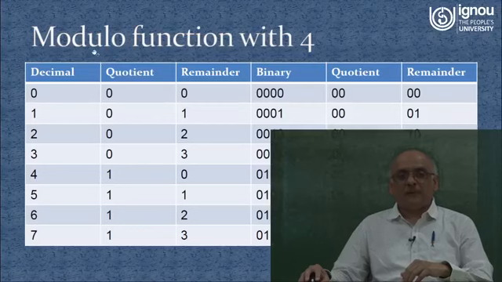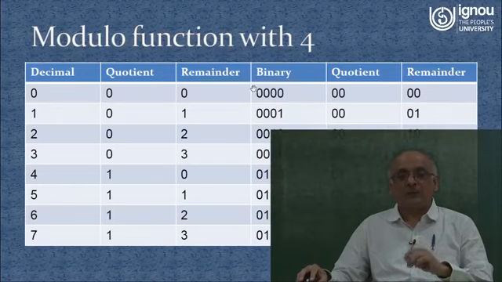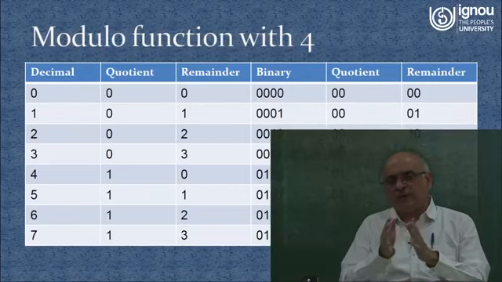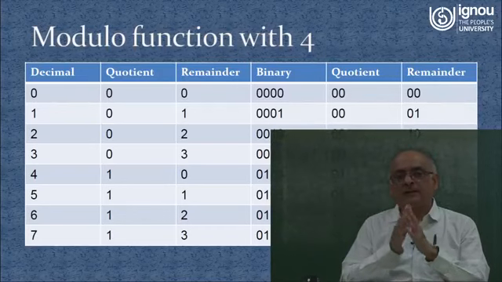Now I have included the modulo function just to explain a very special point to you, and this is something we have been doing a lot whenever we are doing the cache mapping scheme. I'll try to give an example from real life.